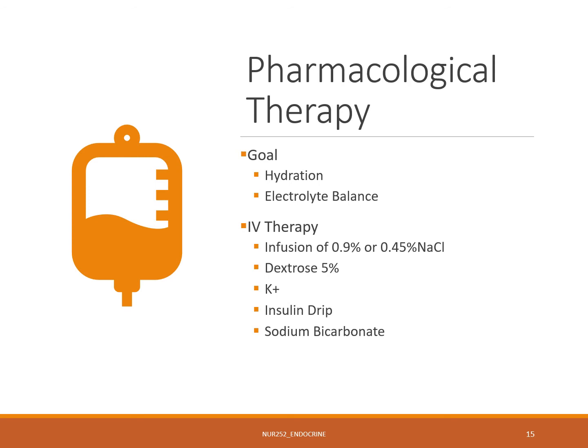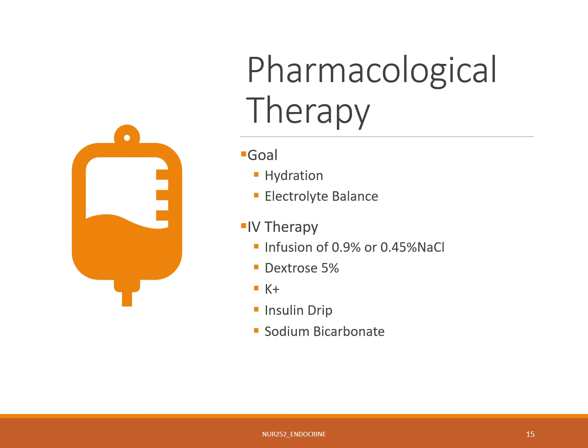Potassium levels must be attained prior to starting an insulin drip. Remember, insulin pushes potassium into the cells. If the patient is hypokalemic, insulin would further decrease the potassium levels. Also, even if potassium levels are normal prior to treatment, potassium levels can drop quickly once treatment is started due to insulin driving potassium into the cell.